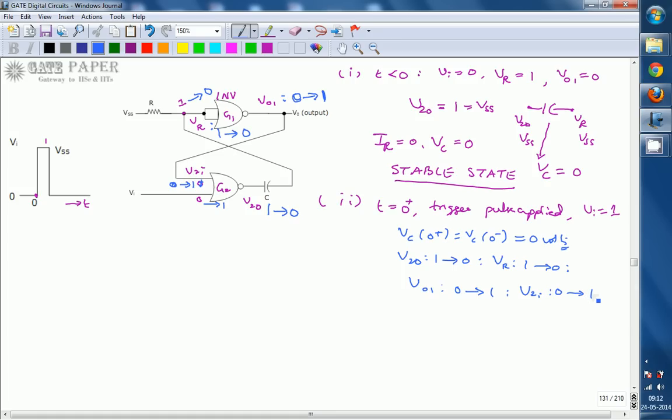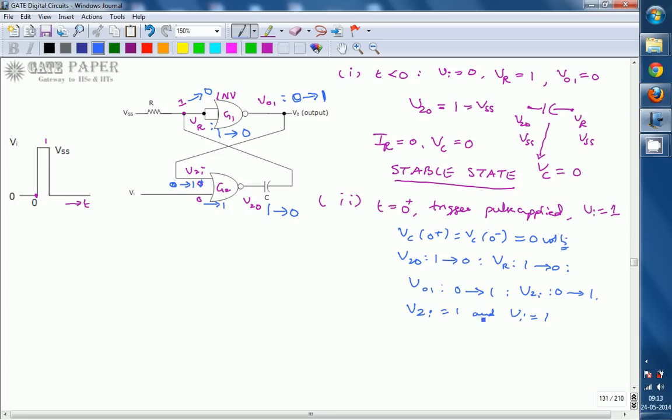That implies V2I is now 1, as well as Vi, which is the trigger, is also 1.